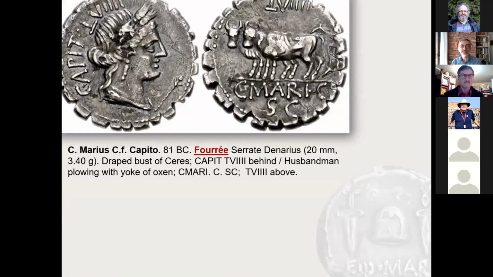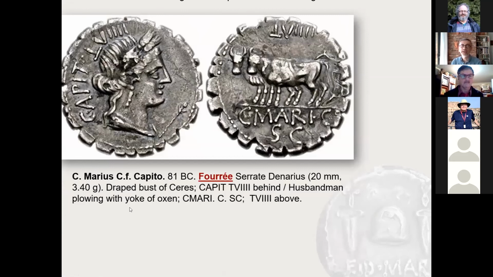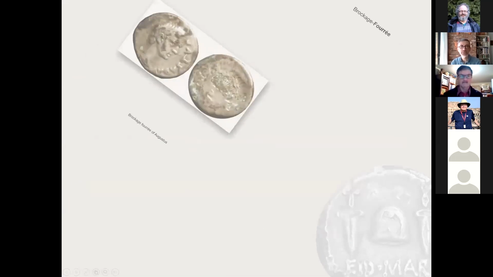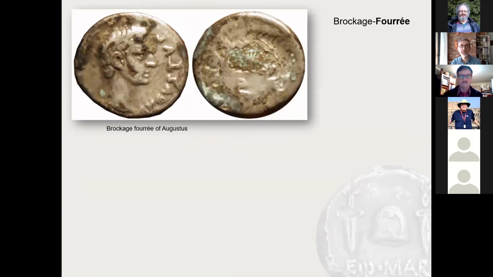Even this serrated edge failed to prevent counterfeiting. I don't believe these were just simple, interesting designs, but at the same time, they were simply counterfeited.